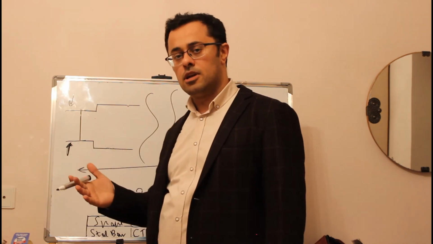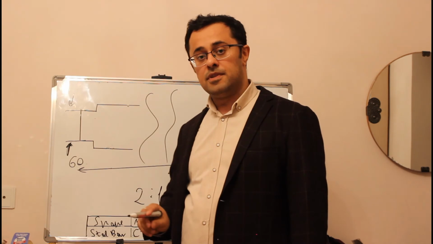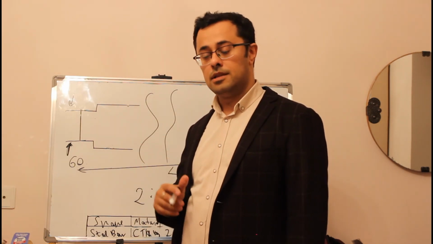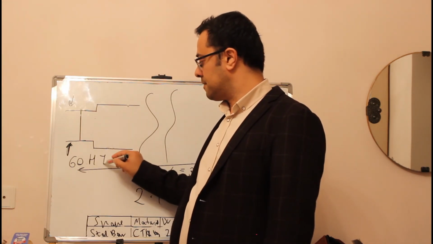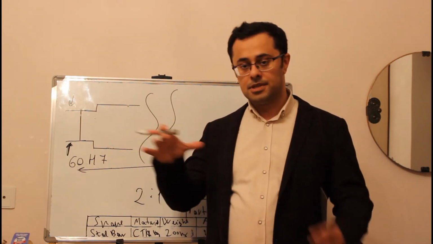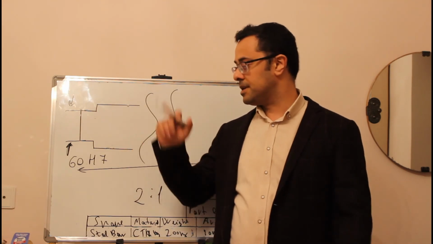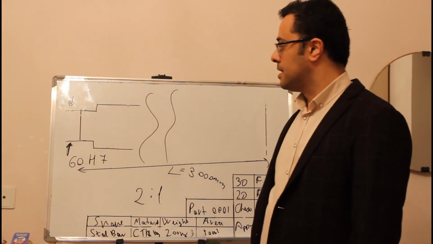The internal diameter of the bearing is 60 millimeters, and we will also give a tolerance for it. The tolerance will be H7, big H because it's external diameter, it's not internal, so big H7. That's the tolerance for the bearing.